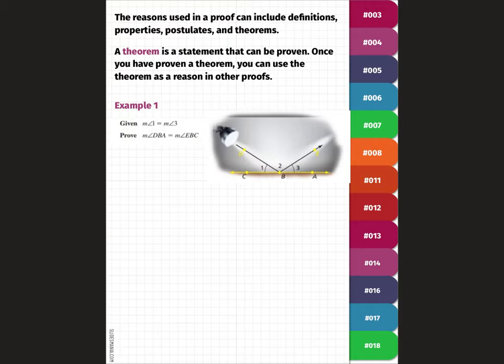Example number 1 says, given that the measure of angle 1 is equal to the measure of angle 3, we need to prove that the measure of angle DBA is equal to the measure of angle EBC. So let's set up our proof.